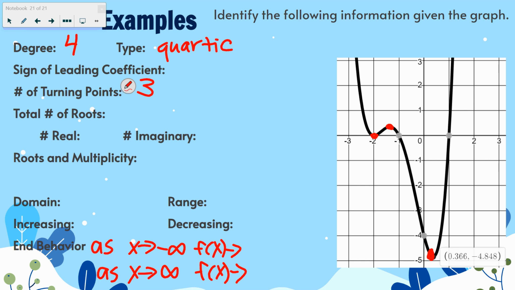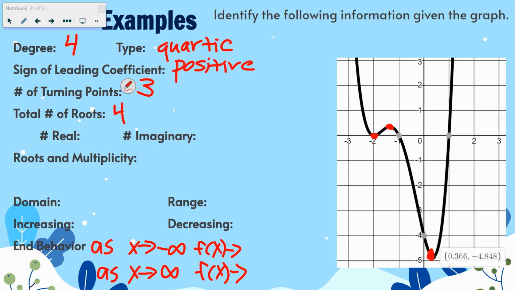How else? What else do I know about my function? Good. How'd you notice the sign was positive? The infinity lines go up. Awesome. Both my ends are going up to positive infinity. So if my degree is 4, what's my total number of roots I should have? 4.